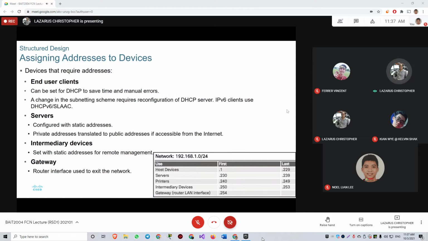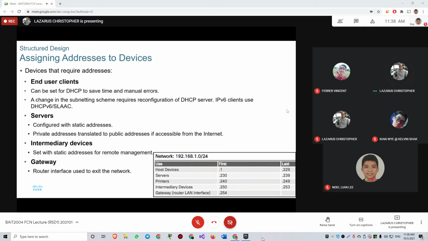And recall that for IP version 6, they can use either one or a combination of DHCP version 6 and SLAAC. Remember, SLAAC runs within the router. Servers, definitely you should configure static because they provide service.